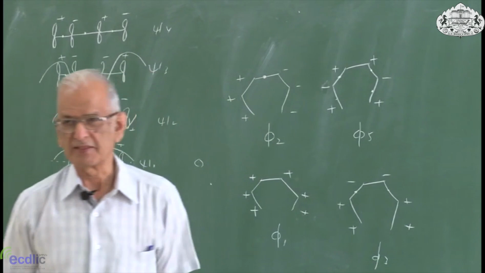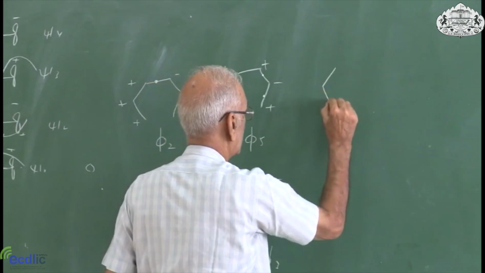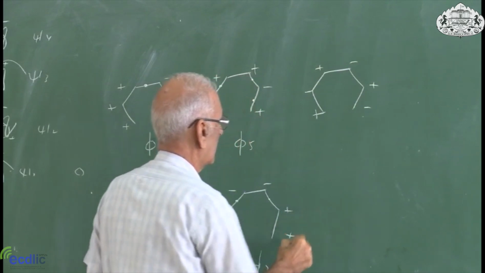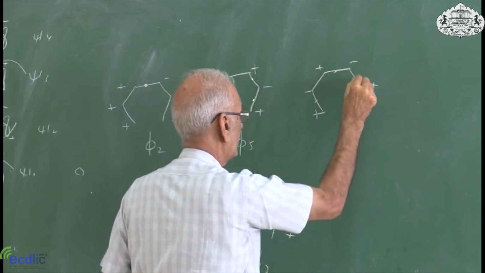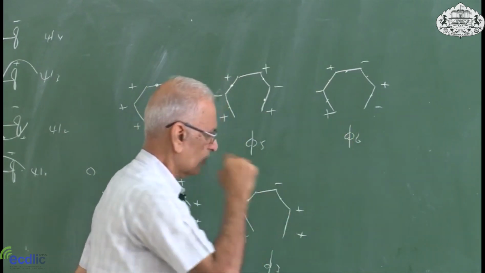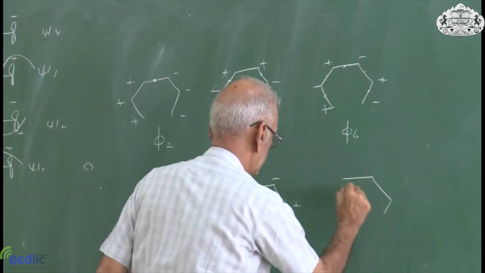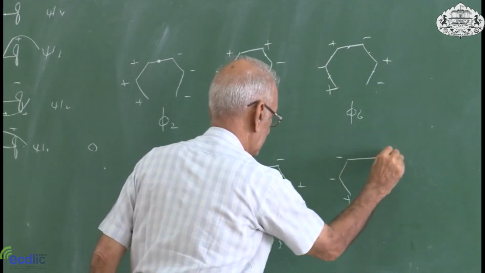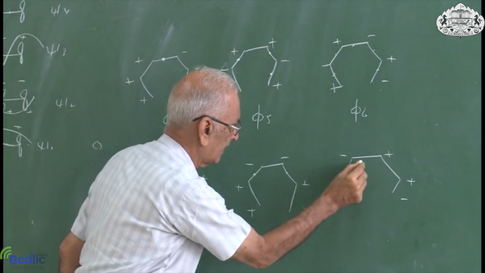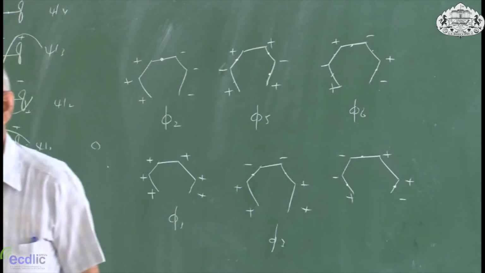Therefore, this is your third orbital. 1, 2, 3, 4, 5 nodes. Therefore, this is your sixth orbital. How many nodes? 1, 2, 3 nodes. Therefore, this is your fourth orbital.